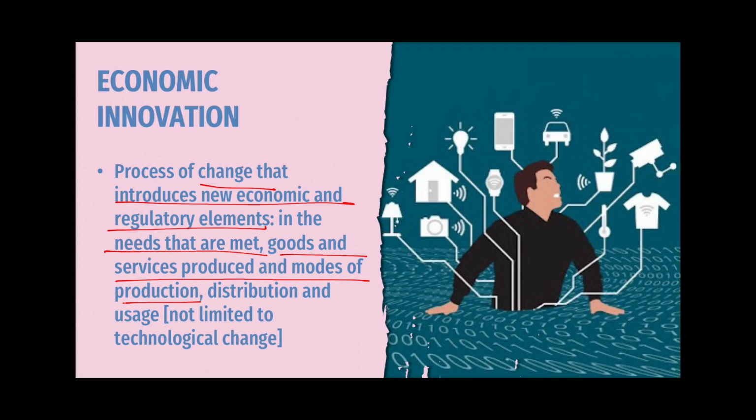So the process of manufacturing, or producing, and also the way they're distributed and the way the products and services are used. So therefore, economic innovations are not just limited to technological innovation. So there can also be innovations in terms of marketing, innovations in terms of distribution.